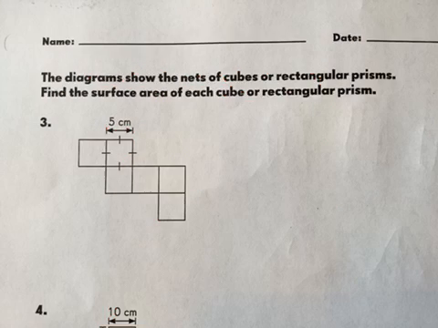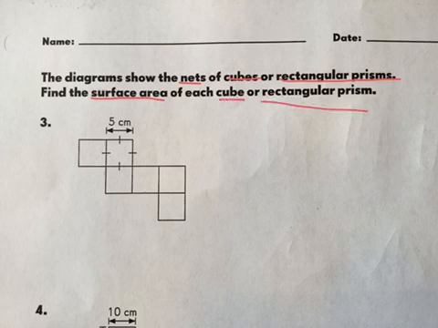So we are working with nets and cubes and rectangular prisms again, and we are going to find the surface area of each cube and rectangular prism. So we know that all of these shapes are congruent because they are separated and the lines are parallel, and we know that a cube has 6 faces, so 1, 2, 3, 4, 5, and 6.